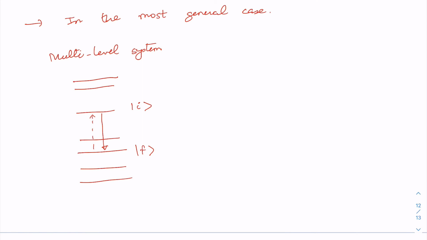Then this also can be taken into account. And in that case we can guess the relaxation operator, as we are going from the initial state to the final state, would be of this type.